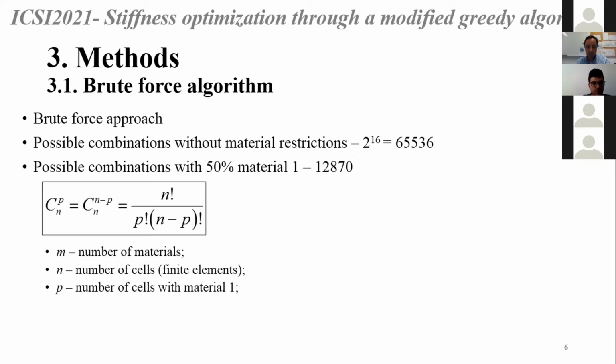For now, we need to know that using a brute force algorithm, we can get all the possible material distributions and the value of the objective function for each distribution in order to see if our results from the greedy algorithm are in fact the maximum from the whole set.